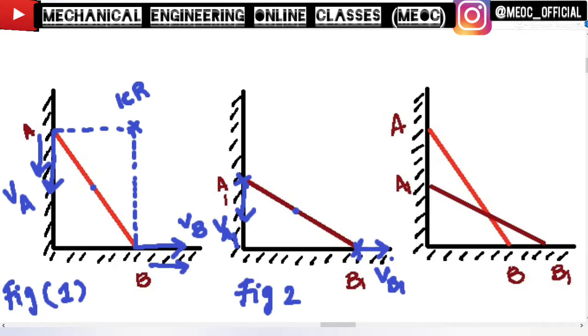The velocity directions are shown here. If we draw the perpendiculars to these directions, this is ICR1. So from ICR it has changed to ICR1. At a different instant there is a different center of rotation.